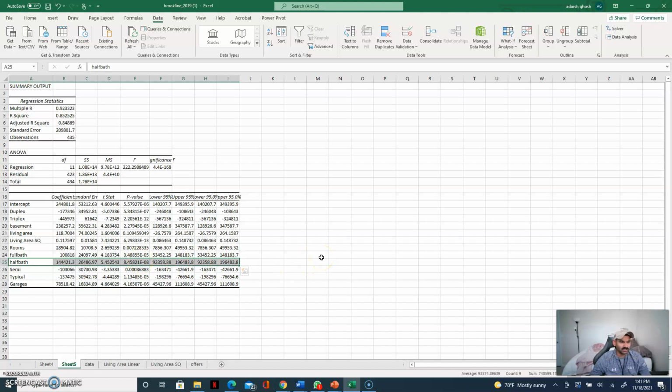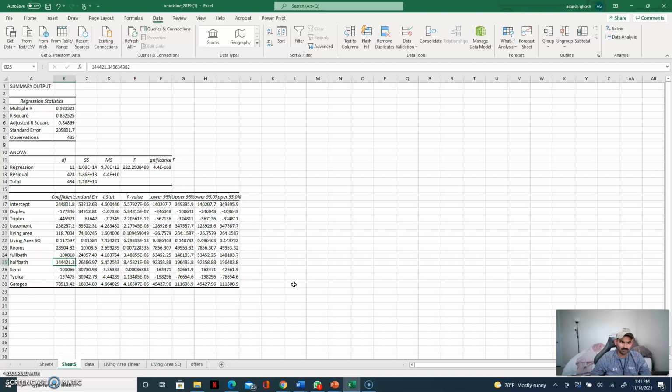Again, the interpretation here is: holding all else constant, the effect of having a half bath on the overall price is an additional $144,421. Again, make sure you analyze what the unit is and what its overall effect is on your dependent variable.